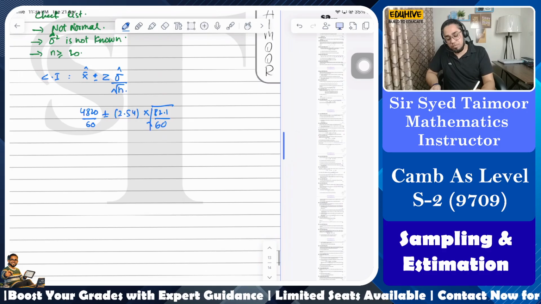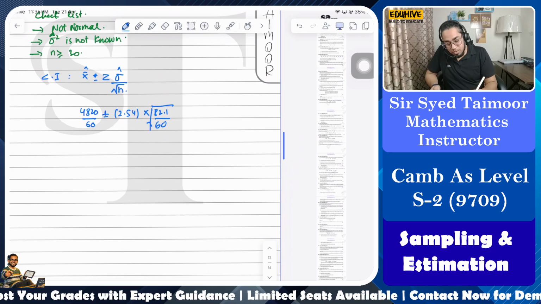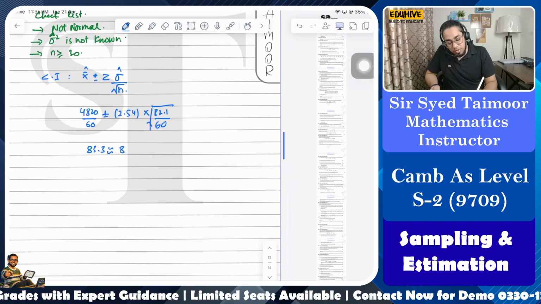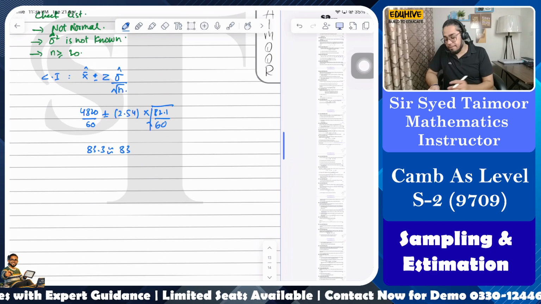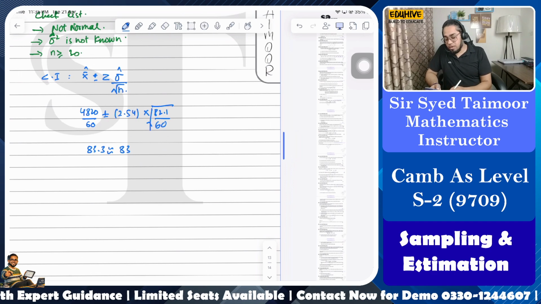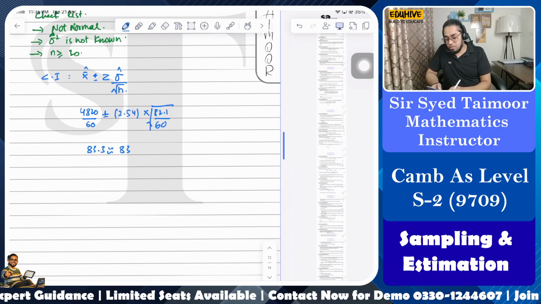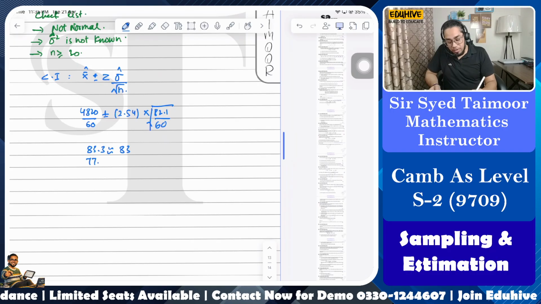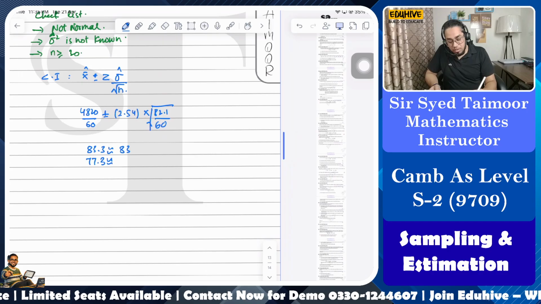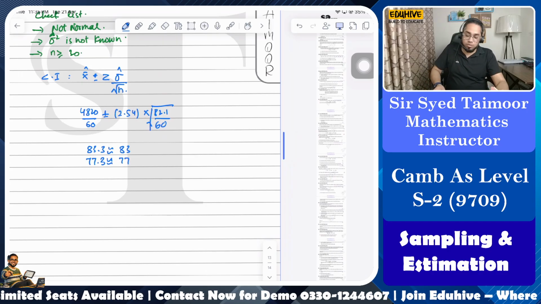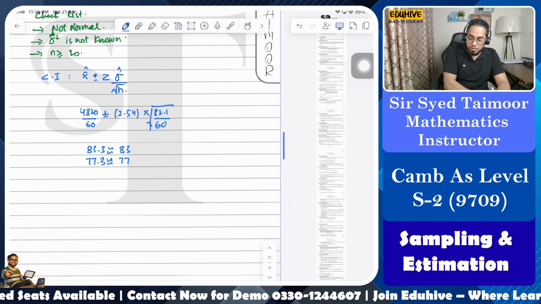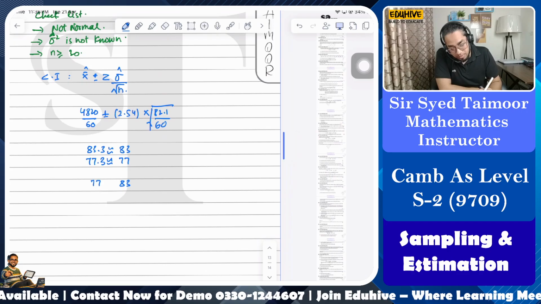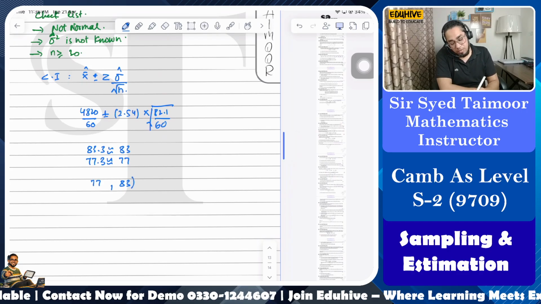Yeah, almost in that portion. 83.3, which is approximated to 83, or minus 77.3, I guess, which is exactly 77 almost. Okay, so the 77 and 83, these are the limits for the mean.